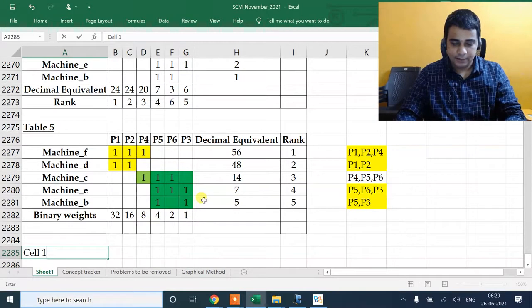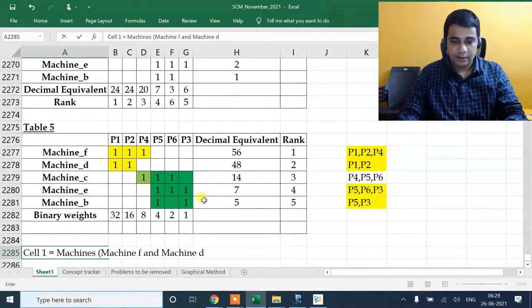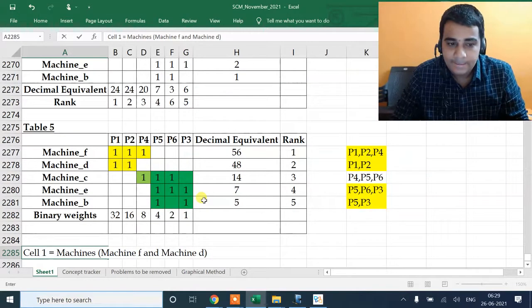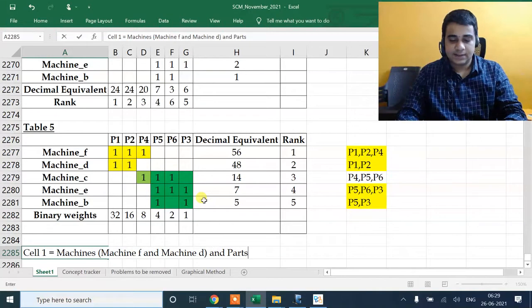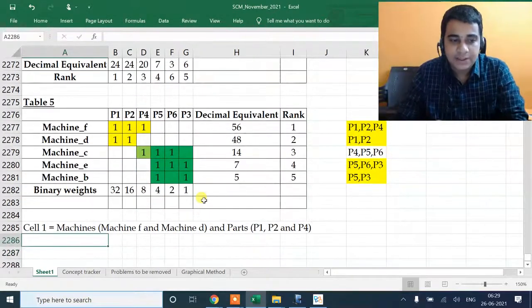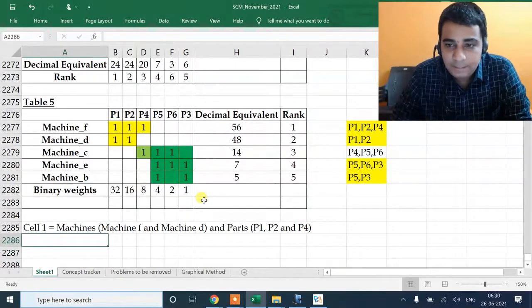Cell 1, machines: machine F, machine D, and parts P1, P2 and P4. Cell 1 machines are F and D, parts are P1, P2 and P4.